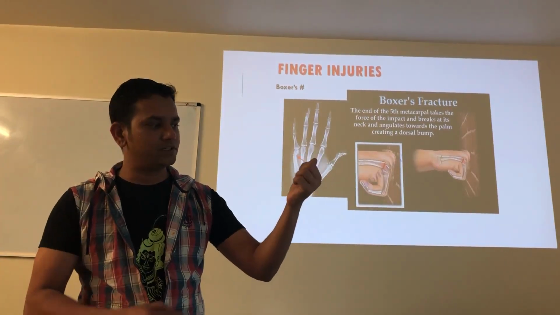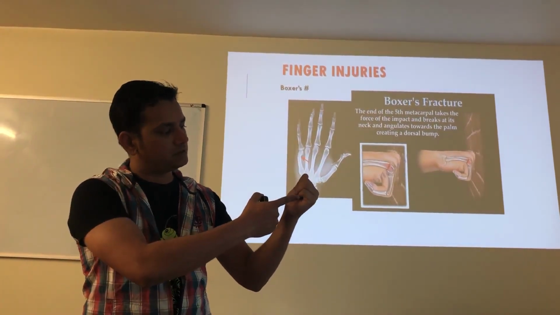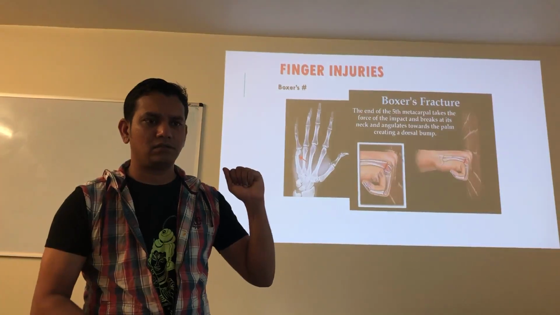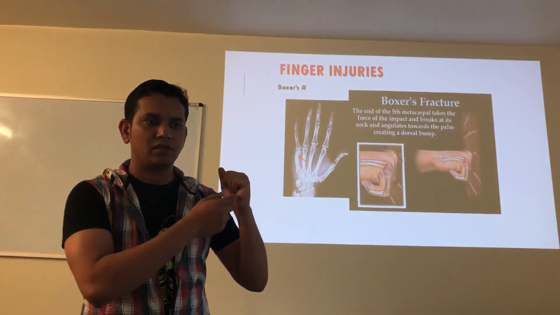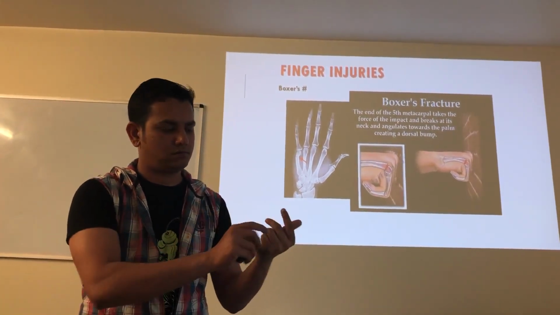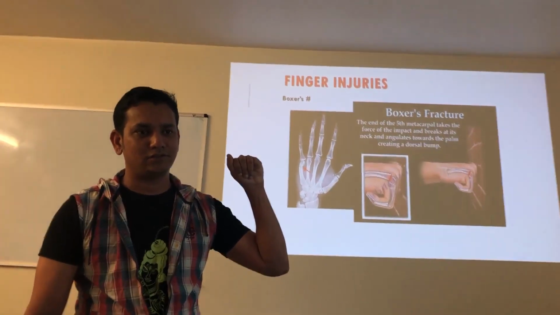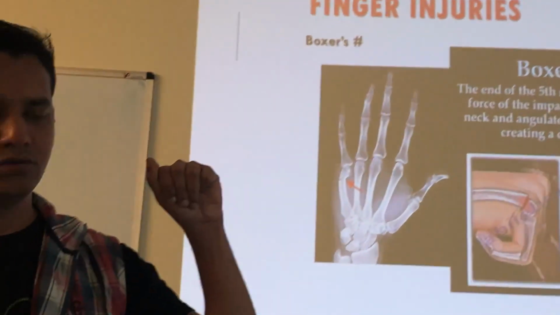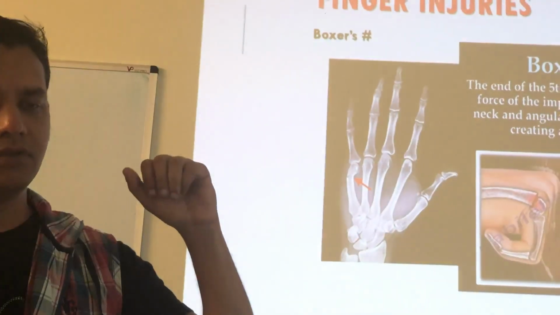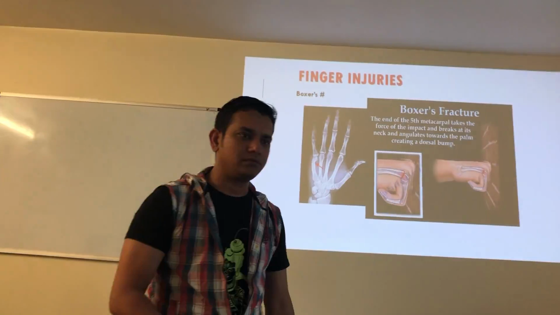So when they make a fist, if it is going like this, it's fine. You'll reduce it, it will come back. But if it is going like this, there's angulation. That's not acceptable. You try to reduce it. If it's not reducing, then it goes to surgery.